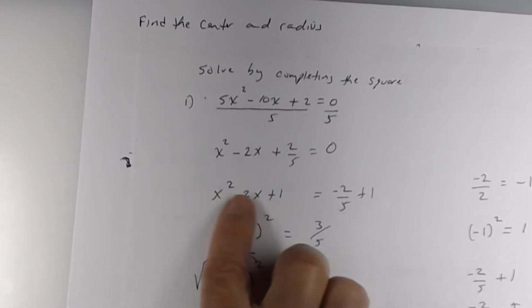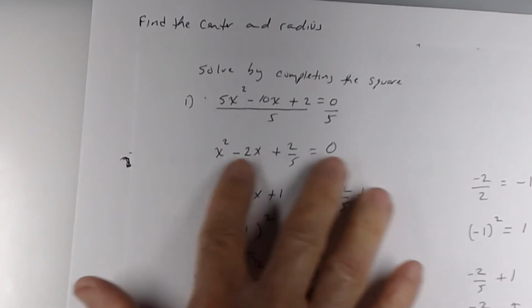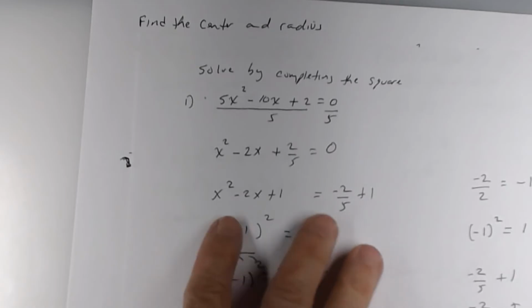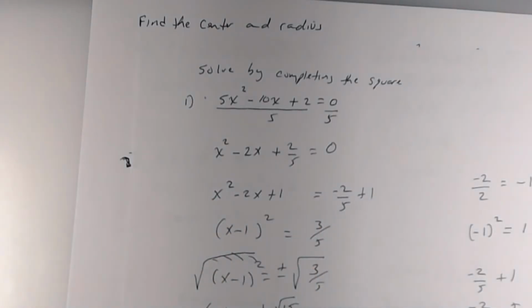If I go from a polynomial that looks like this to a binomial squared, what did I do to get that polynomial written as a binomial squared? What process was I doing in this example up there? Completing the square.